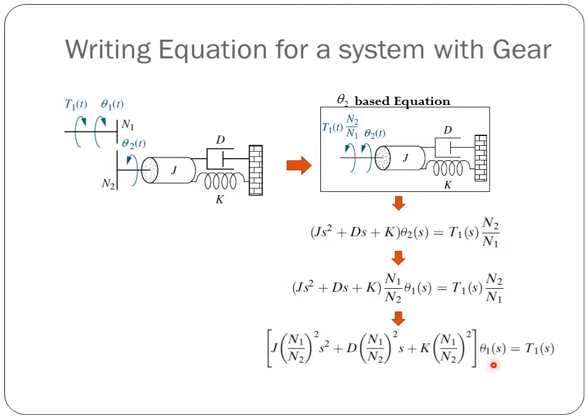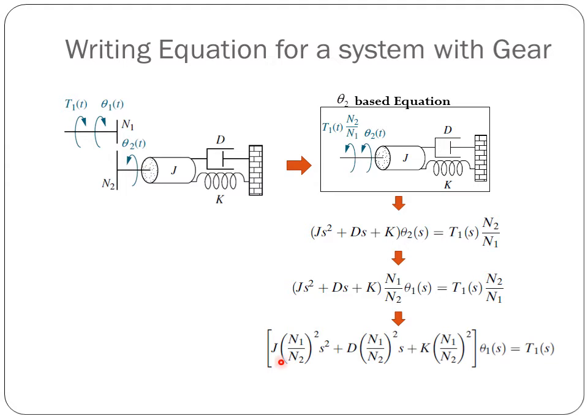You can see this theta 1 is arriving in this equation, this T1 is arriving here, and all the impedances connected to theta 1 are appearing in the square bracket. Now let us see what the impedances are. In the impedance there is something associated with s square, something associated with s, and some part is constant, right?